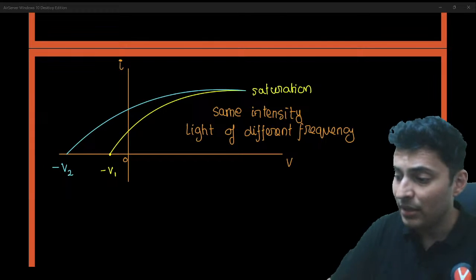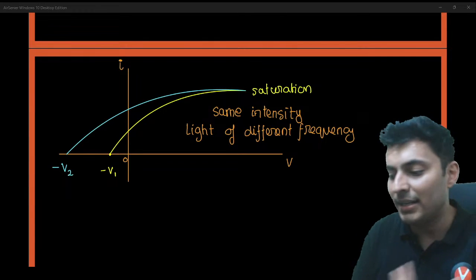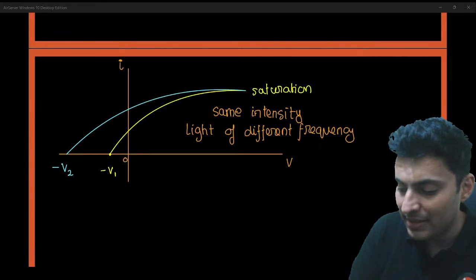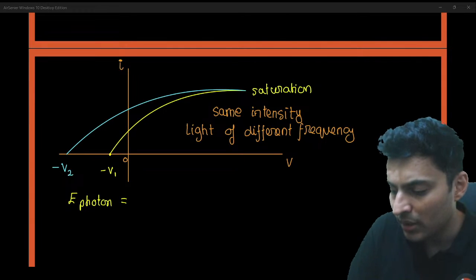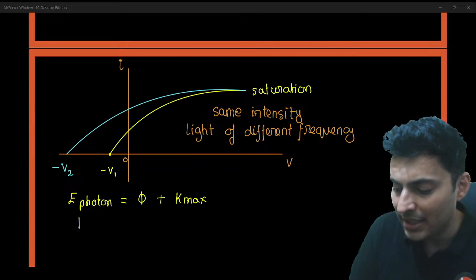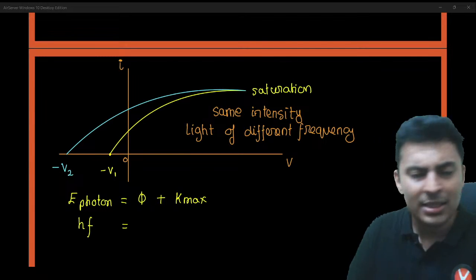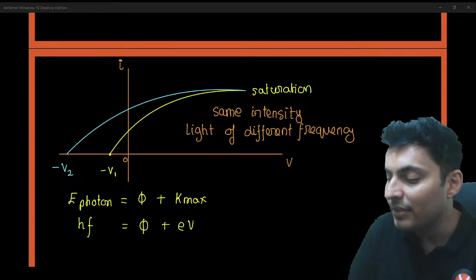So why does this happen? You will get the idea. See, you don't have to memorize this. If you know the formula, you will understand why this happens. The formula is: energy of any photon is the work function plus the maximum kinetic energy. The energy of any photon is hf. Work function is a characteristic of the material. I'll just keep it as it is. Plus eVs.